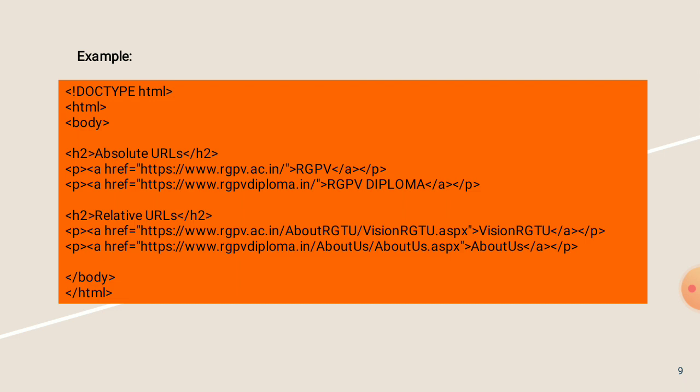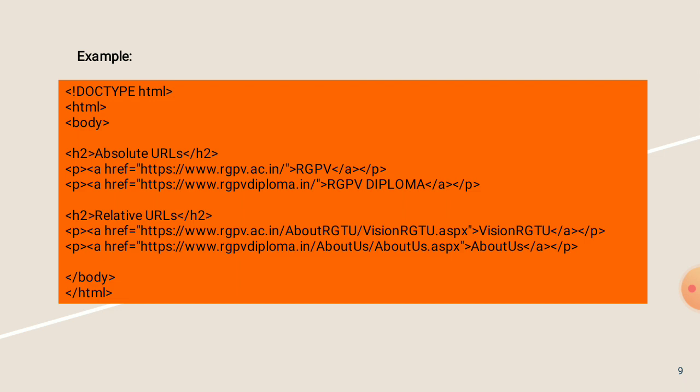Also we declare a relative URL: h2 is the heading for relative URL, then we declare a paragraph. We use a href, then the absolute address www.rgpv.ac.in, then about rgpv, then vision rgtu.aspx, then vision, anchor tag close, paragraph close.